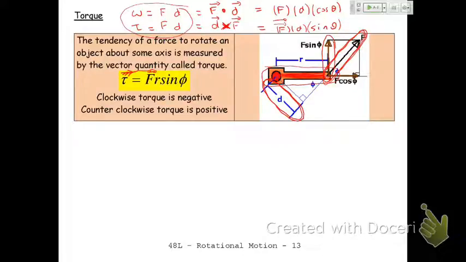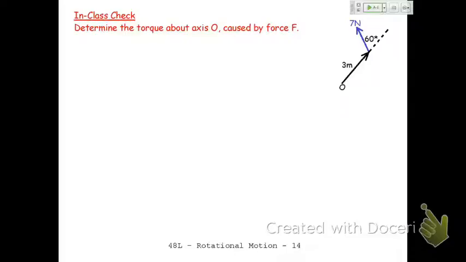Okay, so let's play with this. We say determine the torque about the axis. So here's my turning axis. I've drawn my wrench as an arrow going from the turning axis to where the force is applied. And then I drew my force as a force, and I gave you the angle in between.